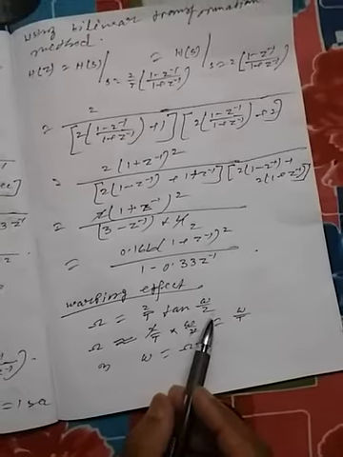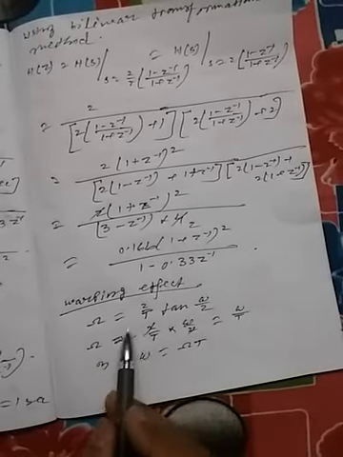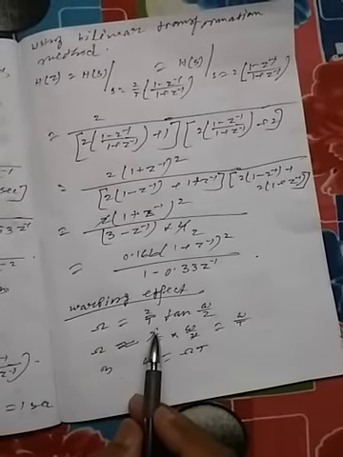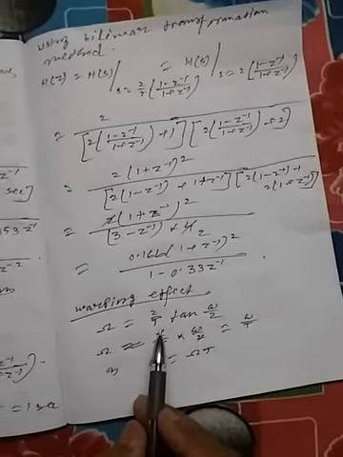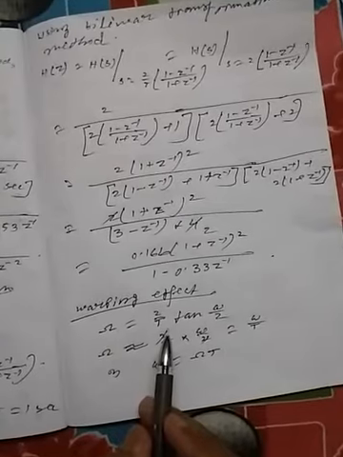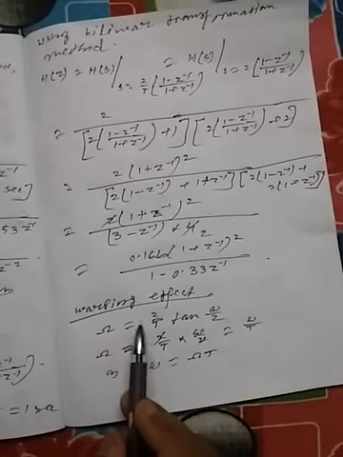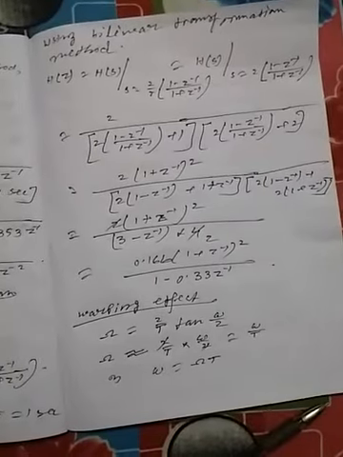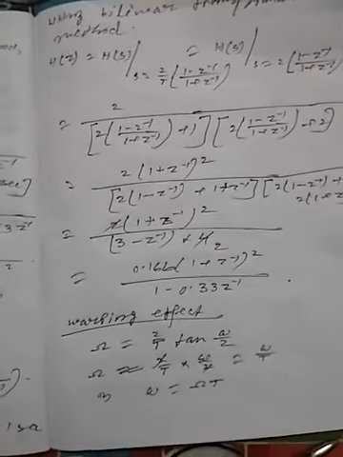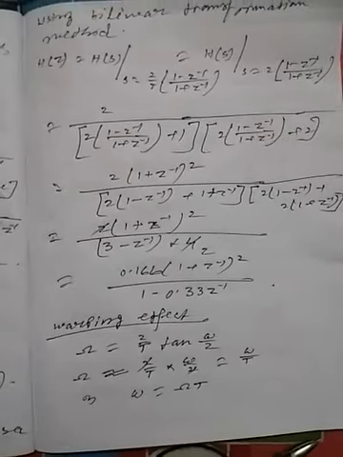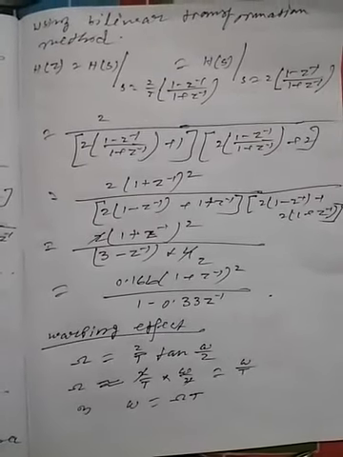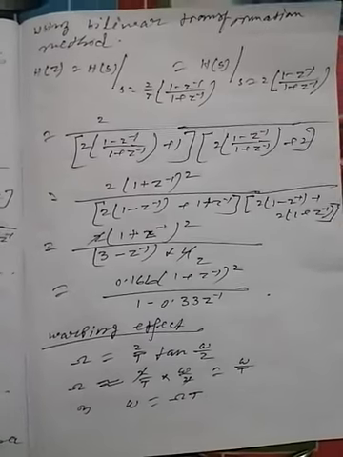If we pre-warp the frequencies when designing an IIR filter using the bilinear transformation method, then this warping effect will be nullified. So this thing has to be remembered. By considering this, we take the method of pre-warping in the first step.